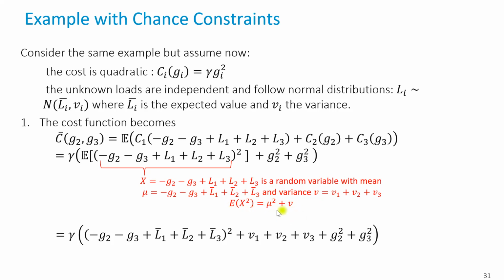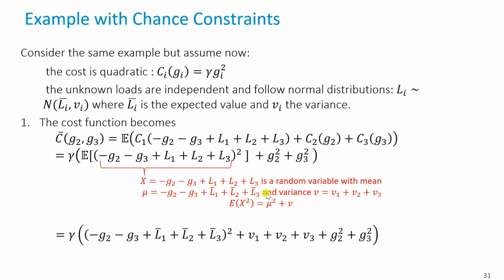That's a standard formula of probability. Expectation of x squared is mu squared, where mu is the expectation of x, plus v, where v is the variance of x. So here the variable x is this. What is the mean of x? Well, it is minus G2 minus G3 plus the sum of the means.